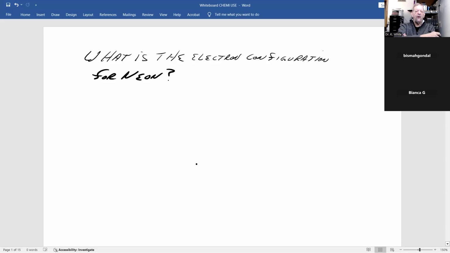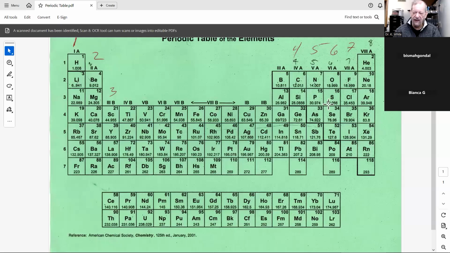So the question is, what is the electron configuration for neon? Well, first of all, you have to find how many electrons neon has. Well, let's go back to our friendly neighborhood periodic table. You will be given a copy of this. It won't be green, probably be print.